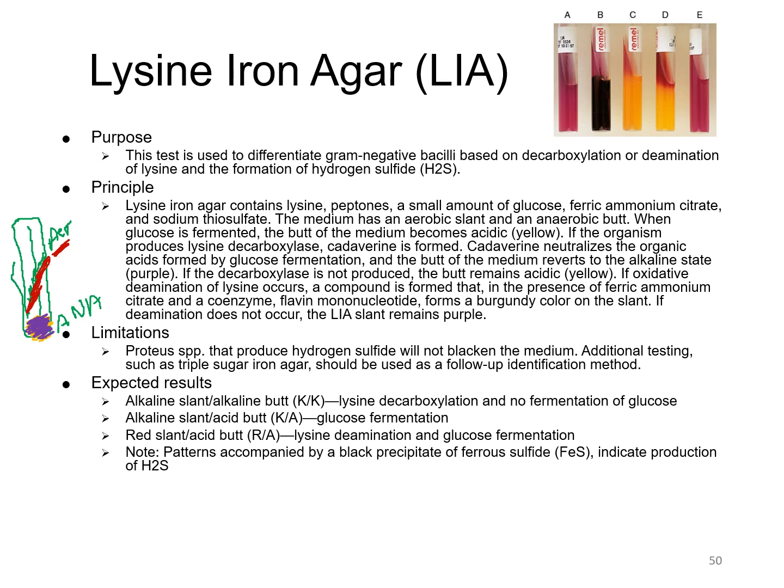So here in the top corner, here are some images of some of those different things that have happened. With your very first slant, you have an alkaline environment. So you have the lysine decarboxylation that has happened, but you do not have any sort of fermentation of the glucose.